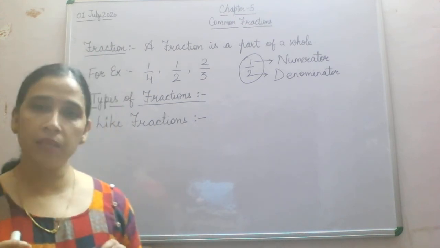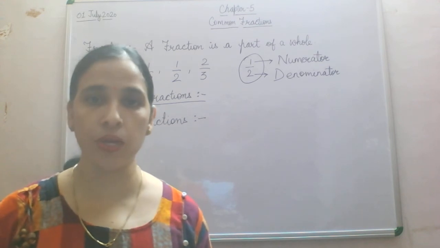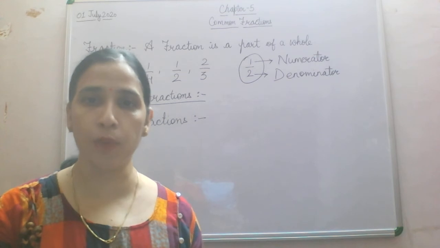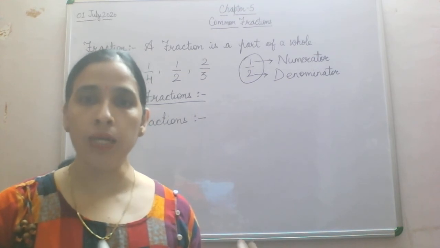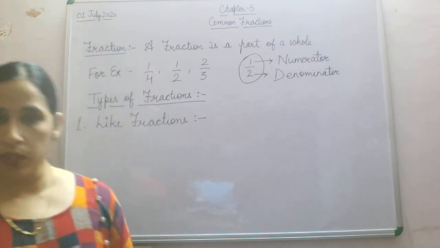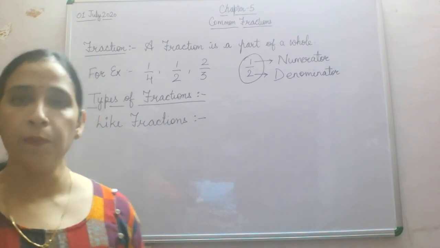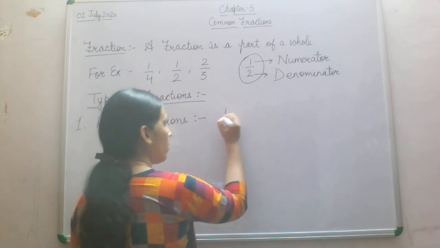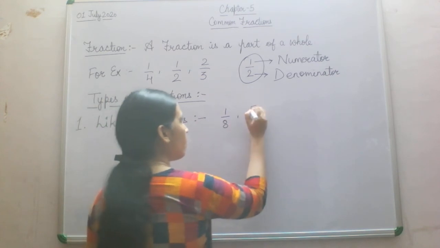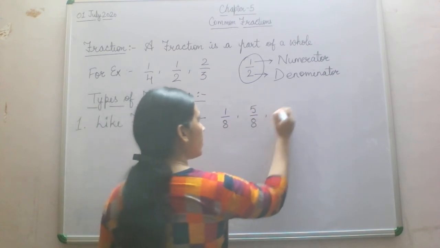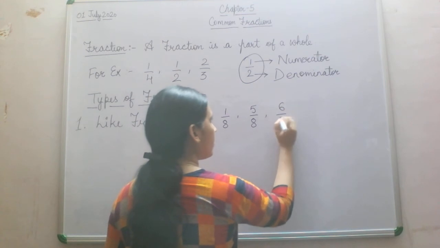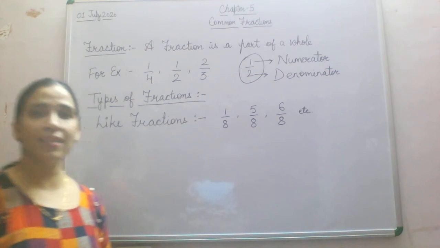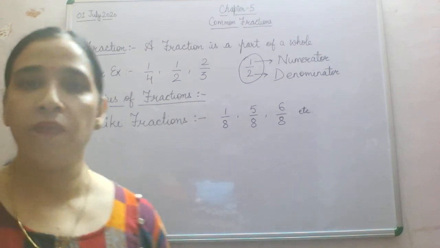This will become the definition of like fraction. Now this definition you will write, and here I write examples, like 1 by 8, 5 by 8, 6 by 8, etc. These all are examples of like fractions.